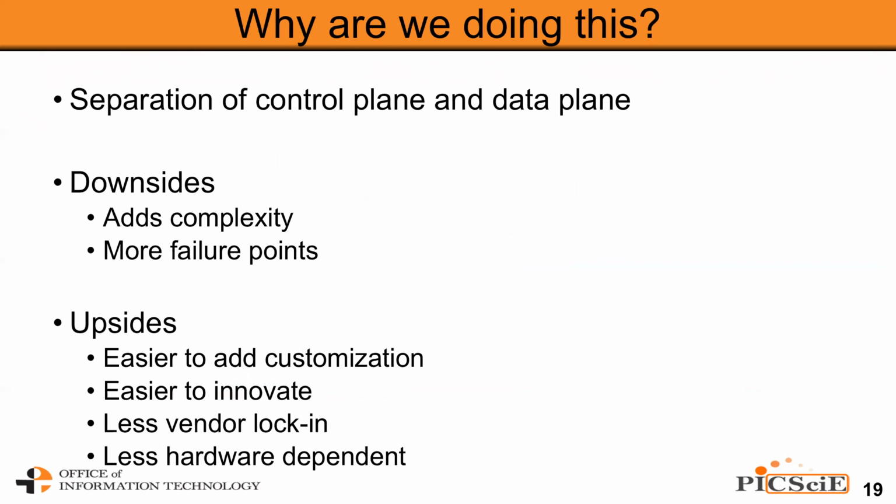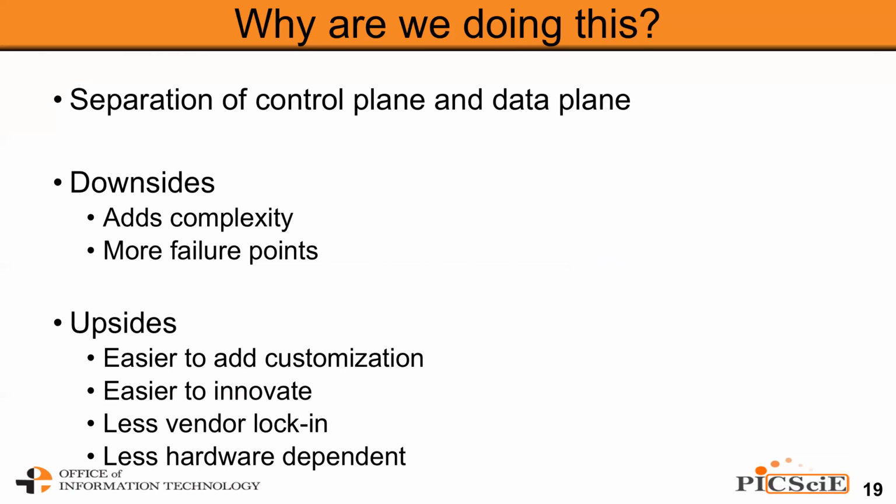So why are we doing this is the big question. The crux of it is, why are we separating the control plane and the data plane? I want to say that there are some downsides, of course, because we're adding complexity, and because we have more components, there are more failure points.